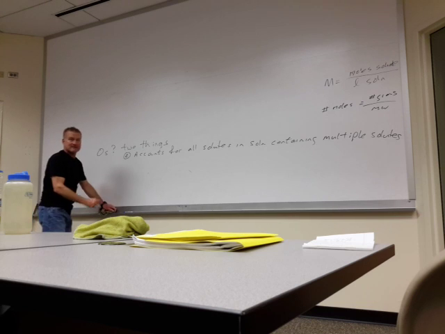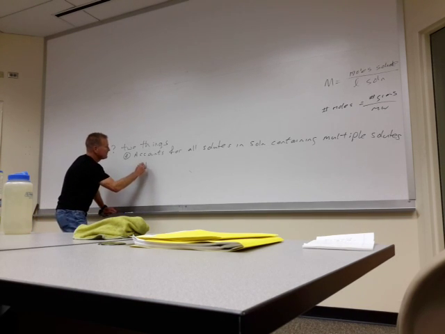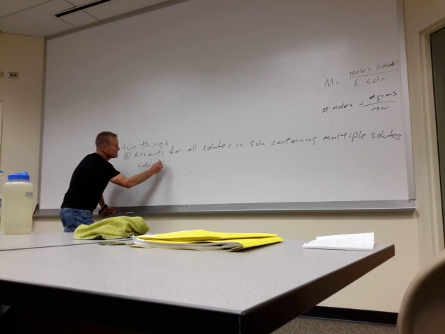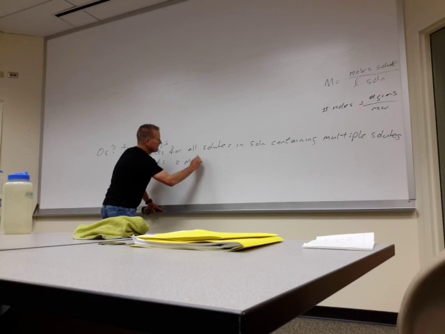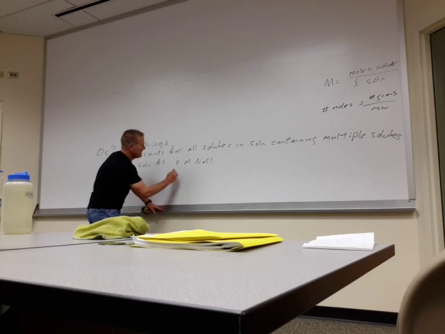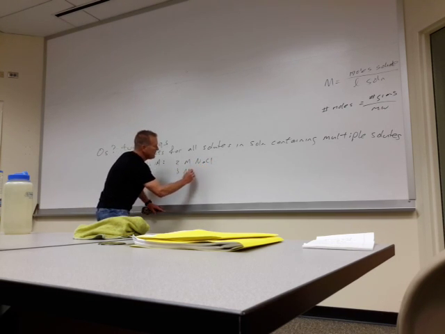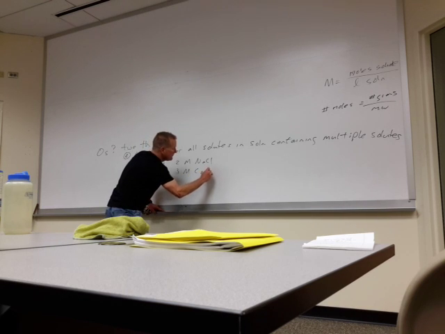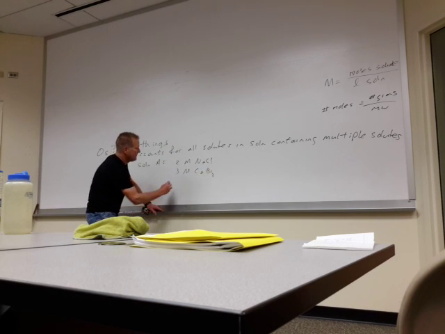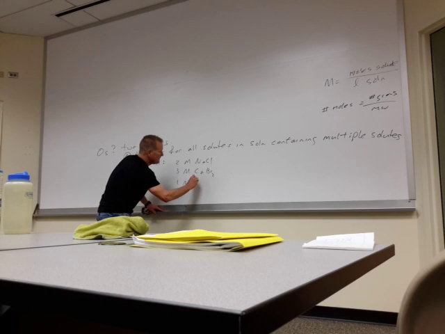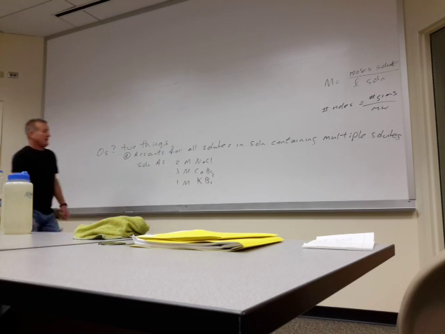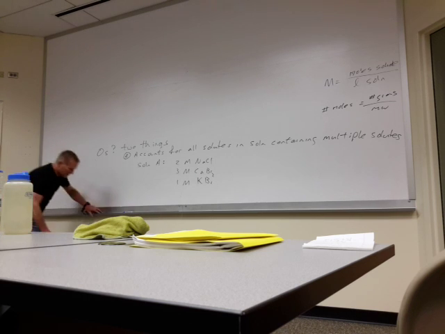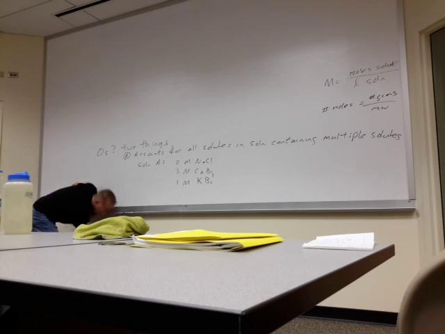So let's say I have a solution, call it solution A, and it is 2 molar sodium chloride and 3 molar calcium bromide and 1 molar potassium bromide. And I need to know the concentration of the solution.